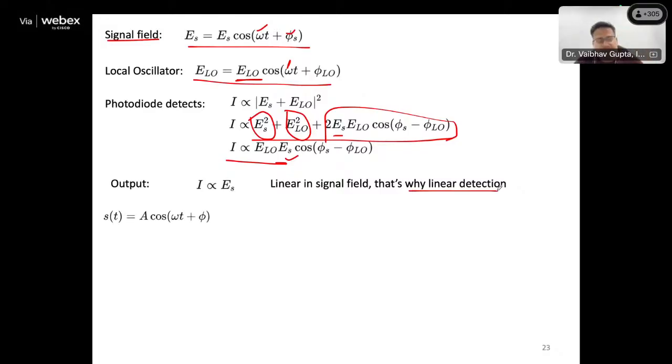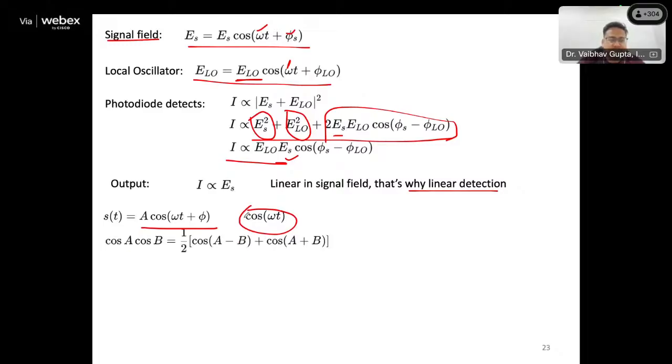Now we take the same problem again. So again we have, let's say, a signal field which is given something like this, where A is the amplitude, again omega is the frequency, and phi is the phase. And let's say you have a local oscillator or some extra signal which is cos omega t, and you multiply this signal with the cos omega t.